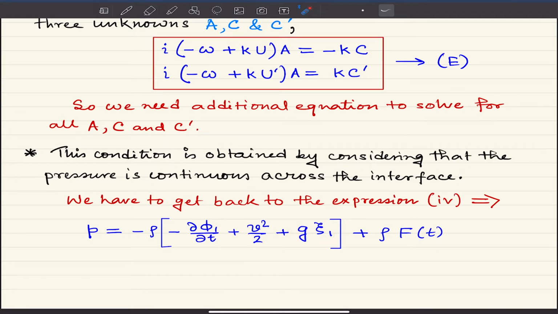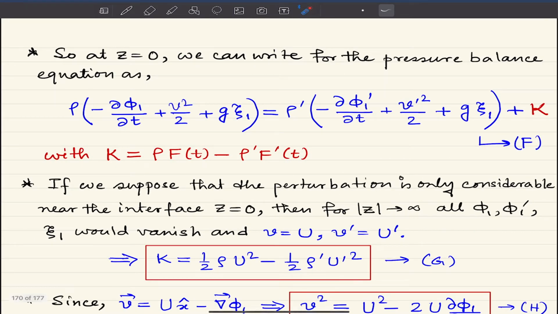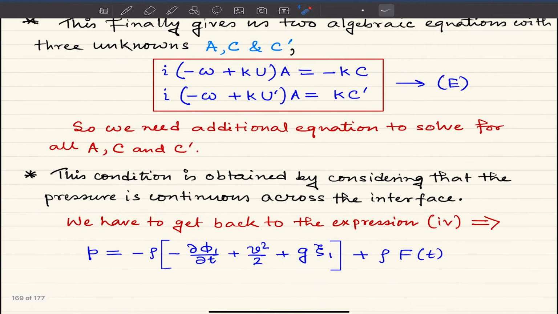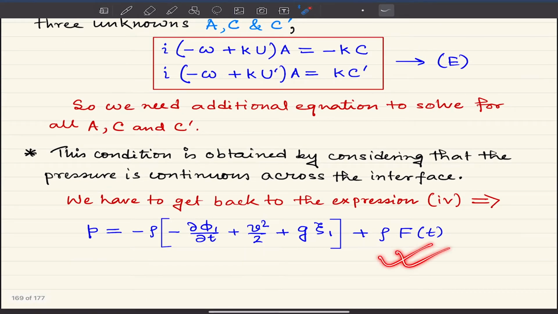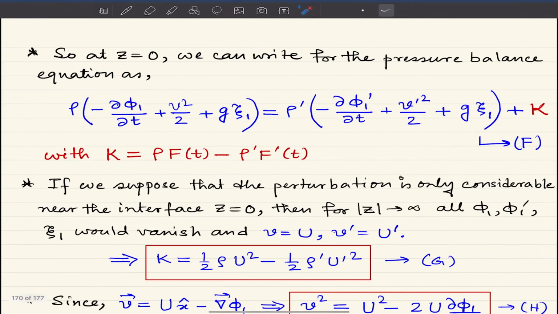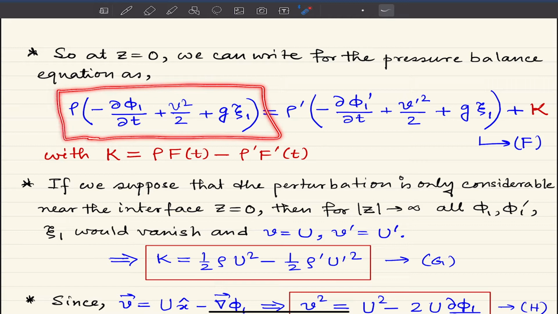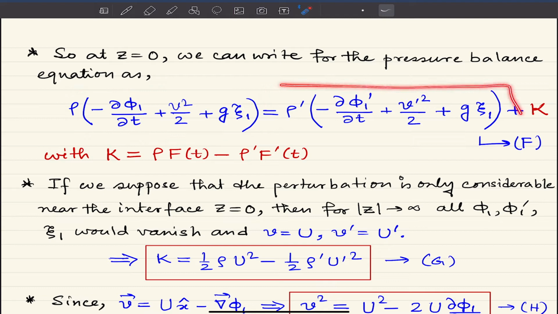You can easily understand that this is true for any point. Now for our current analysis we are interested in z = 0, that is the interface, and we can write the pressure balance equation. This is the pressure at the interface due to the fluid below the interface, and this is the pressure at the interface due to the fluid above the interface.